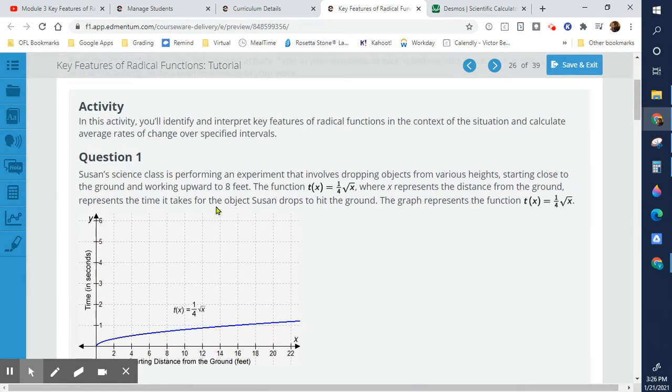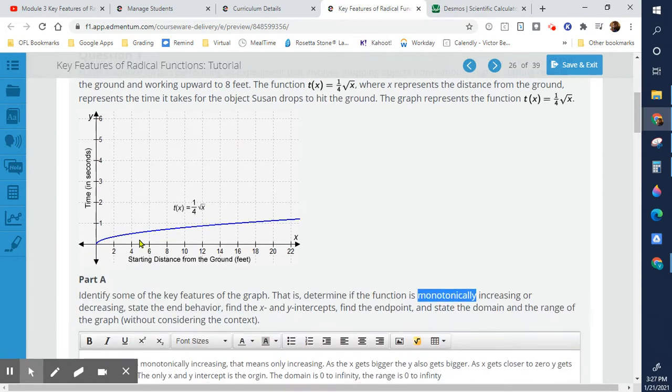The function gives the time it takes to hit the ground, where x represents the distance from the ground. So basically, the further we go, the longer it should take to hit the ground.